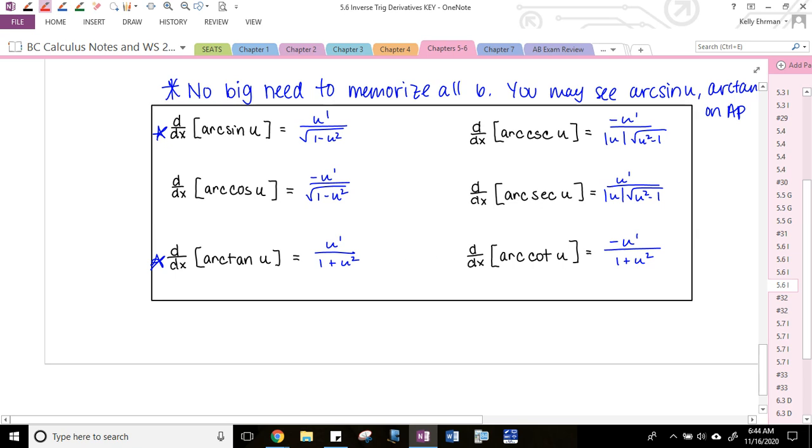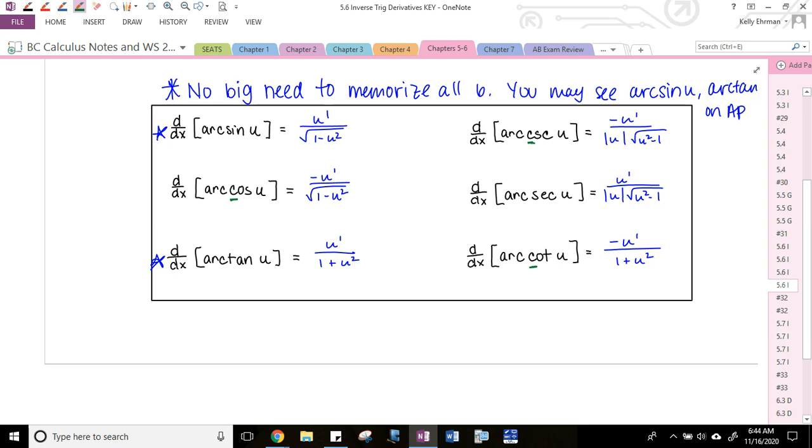And then arc cosecant and arc secant are, again, almost the same thing, but negative. So the values with c in front have the negative derivatives. And that was the same as our original trig functions. Cosine, cosecant, and cotangent all had negative derivatives there too.